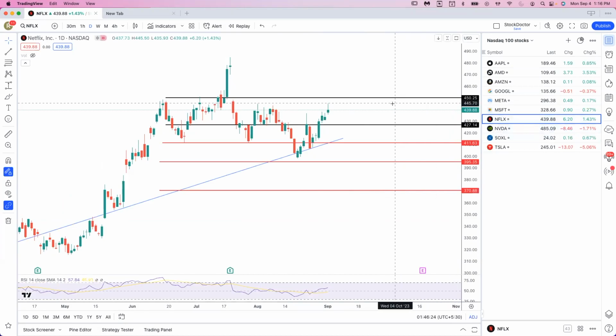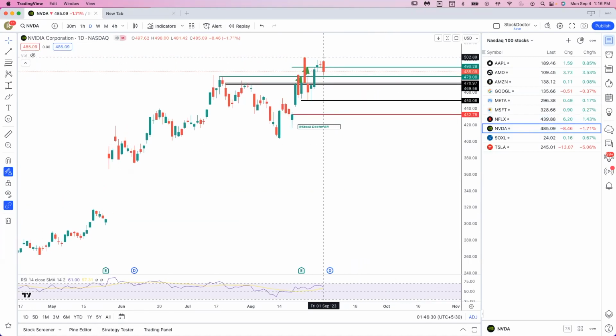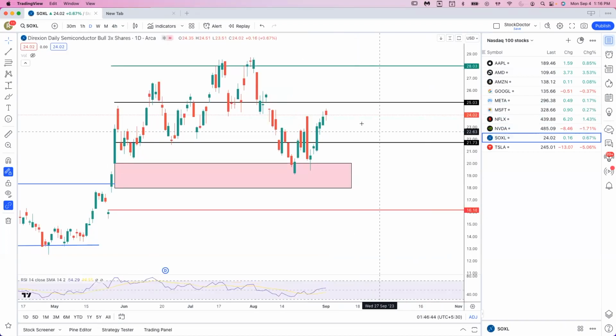So Netflix is below the resistance of 450. Nvidia is trading at 485. Unless it crosses above 500, I think we should wait and watch where the Nvidia goes. A new position should be created above 500. Right now, it is looking quite bearish. SOXL has a resistance at 25.